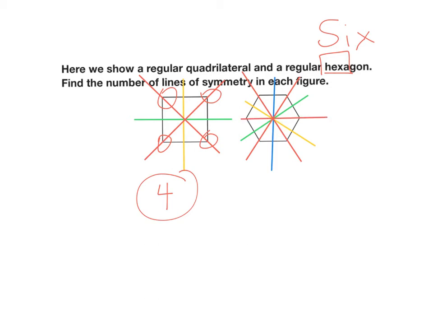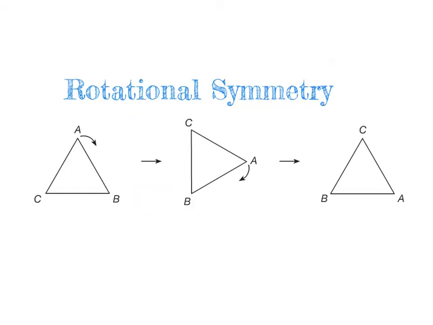So in all, I have 1, 2, 3, 4, 5, 6. I'm not going to count this again because I've already counted those lines. So indeed, the hexagon has 6 lines of reflective symmetry.